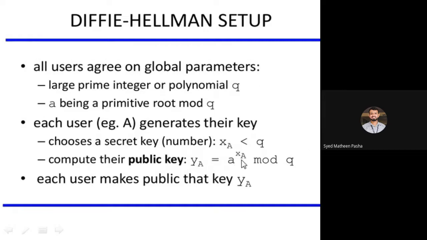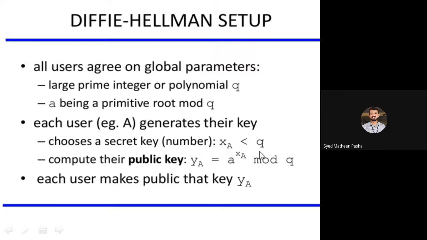What is this formula representing? A is a primitive root which you have taken here, along with the secret key which you have generated, that is A to the power of XA mod Q. Q is your prime integer which you have assumed here. So this is the formula for public key calculation, which is YA equals A to the power of XA mod Q.